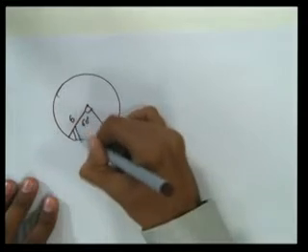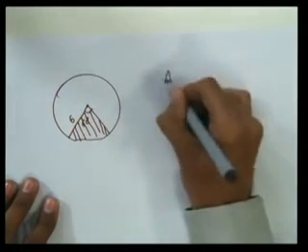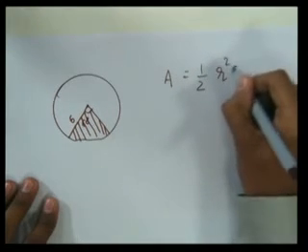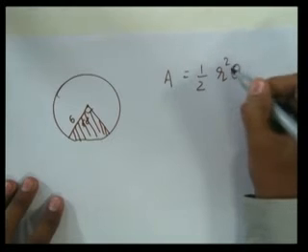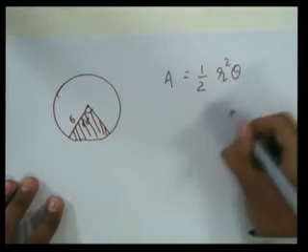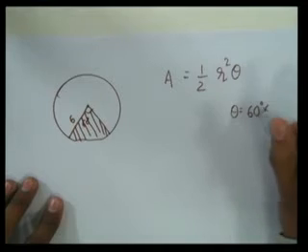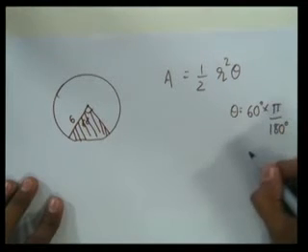We are supposed to find this area of shaded region, that one can find using the formula A equal to 1 by 2 r square theta. Our first job is we are supposed to convert the given angle into radian. Theta is 60 degree, that we can convert into radian by multiplying by pi by 180 degree.